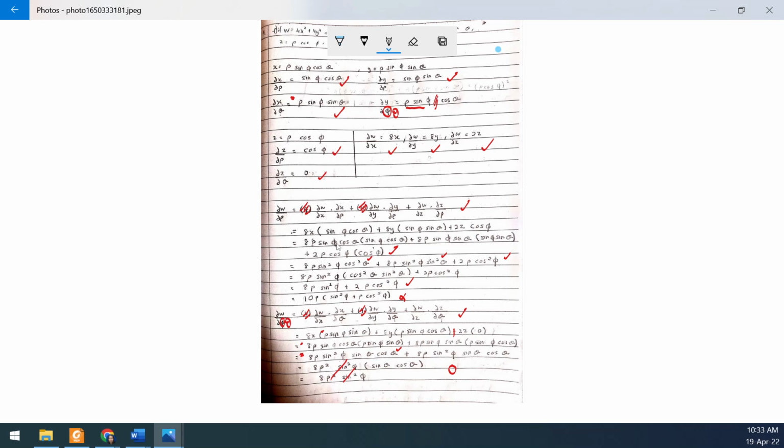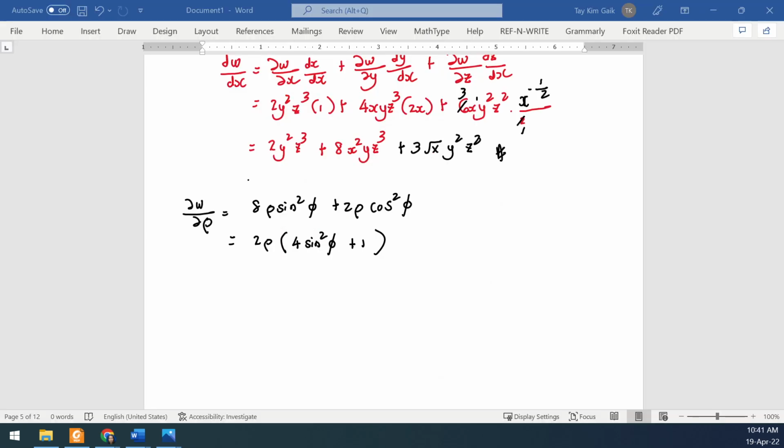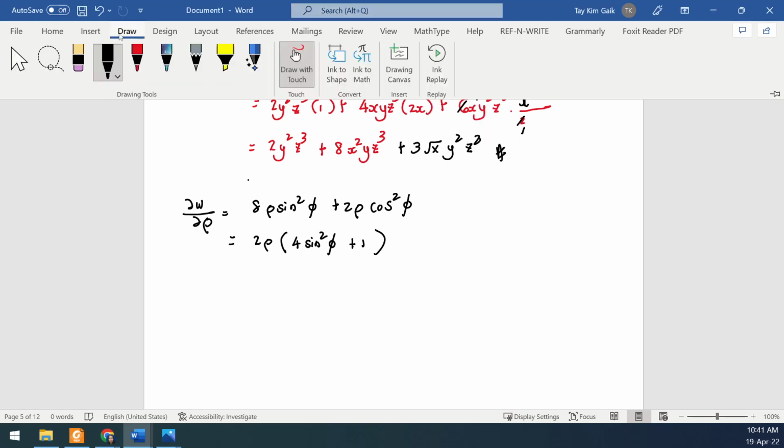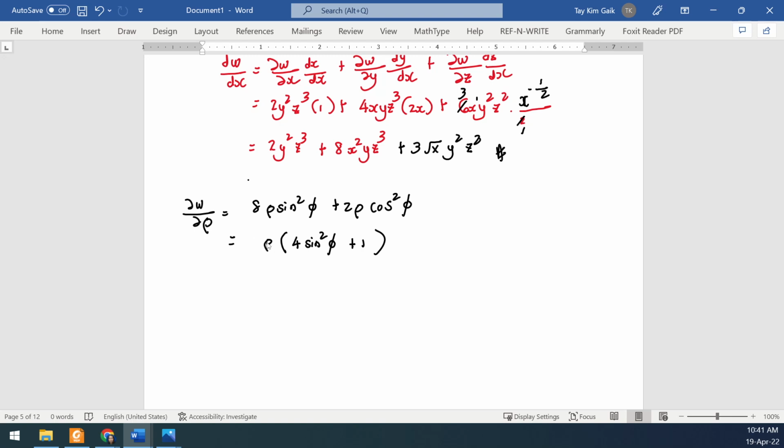X is rho sin phi. Unless this one is 6. Okay, I found where the mistake is. The mistake is here. This is cos squared, so this one is wrong. Okay, up to here, Soleha, you did it correctly.